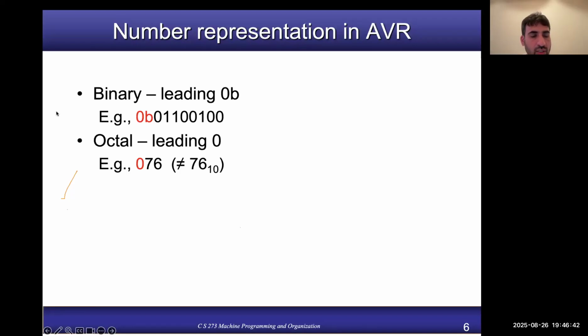So for example, if you write 076, then in AVR assembly you are saying that the number 076 is specified in the octal system, not in the decimal system. So it is not equal to 76 in decimal, right?